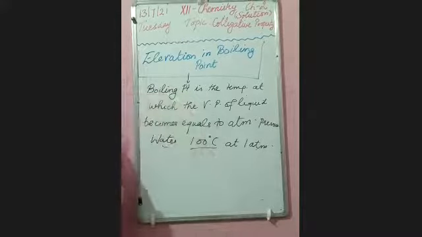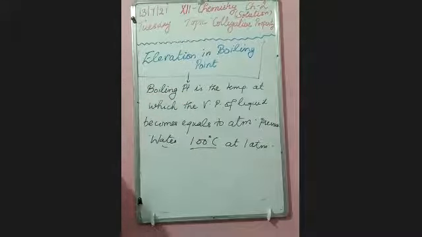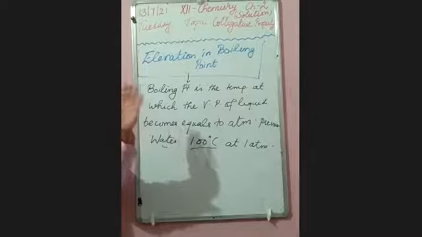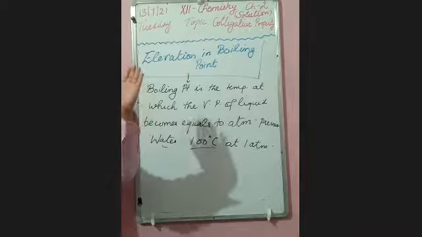So the vapor pressure of solution is less. That's why the boiling point of solution is more than that of pure solvent. I hope it is clear to you all. And this is your elevation in boiling point.